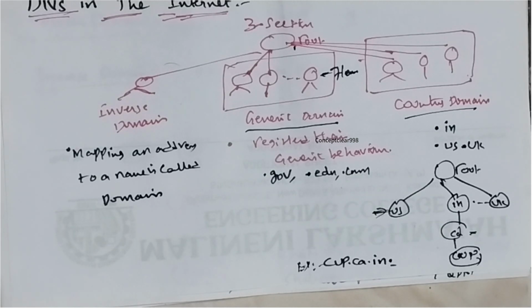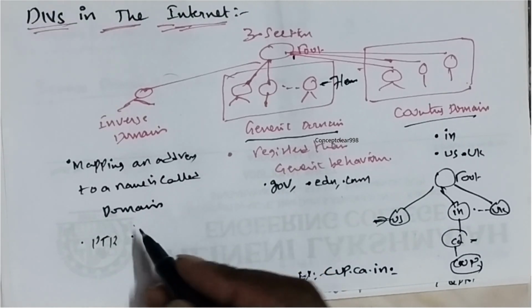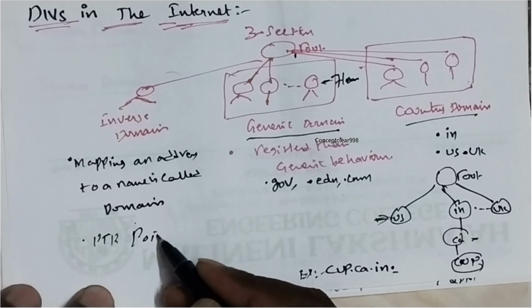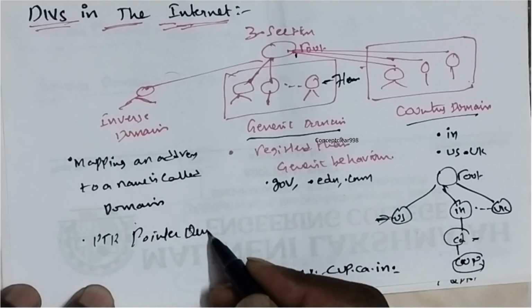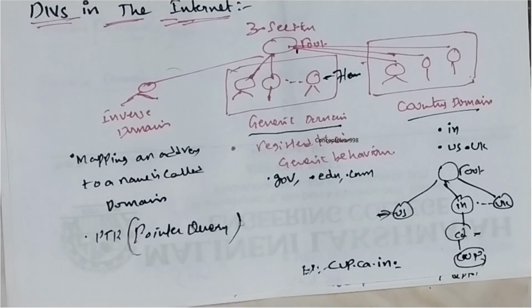That is nothing but a pointer query. To answer these queries, this kind of DNS uses the inverse domains.